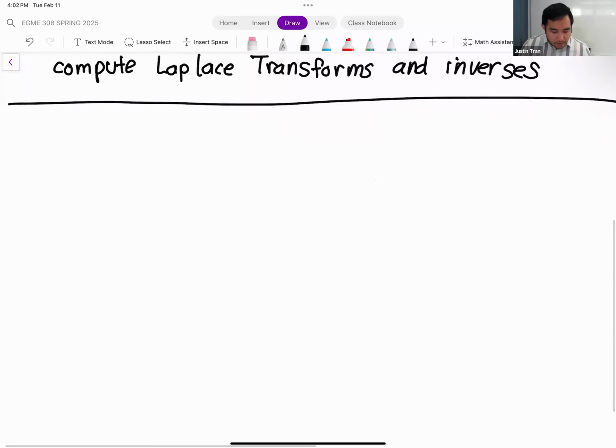And so where we left off last Thursday was this concept of undetermined coefficients.